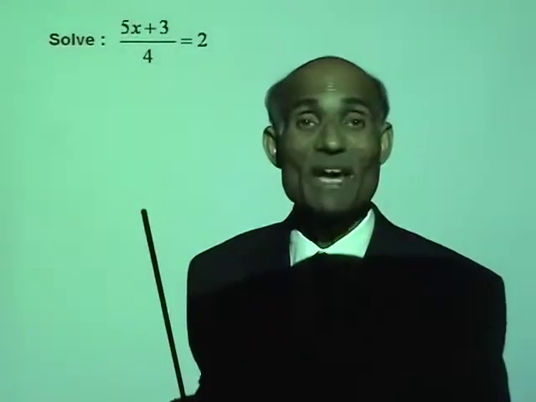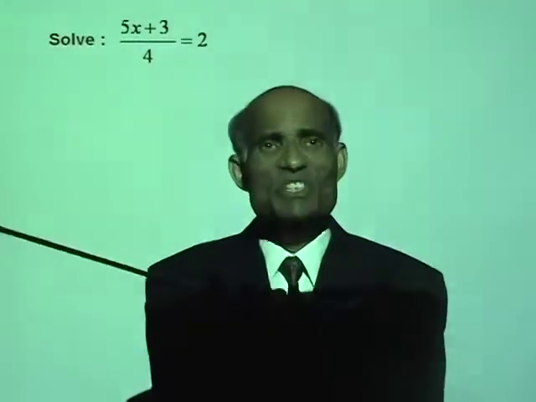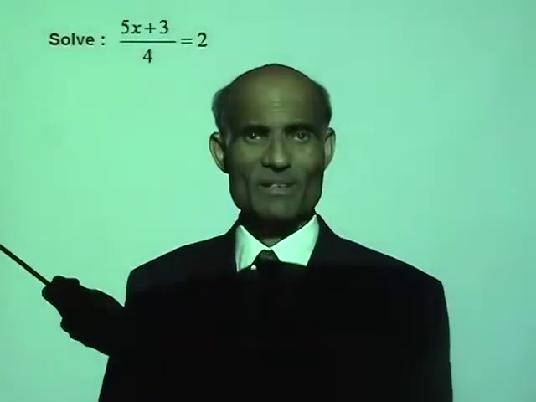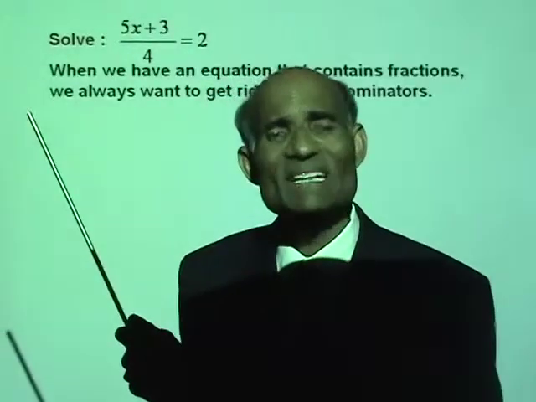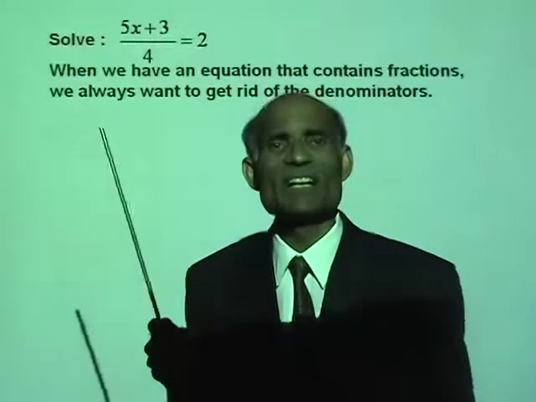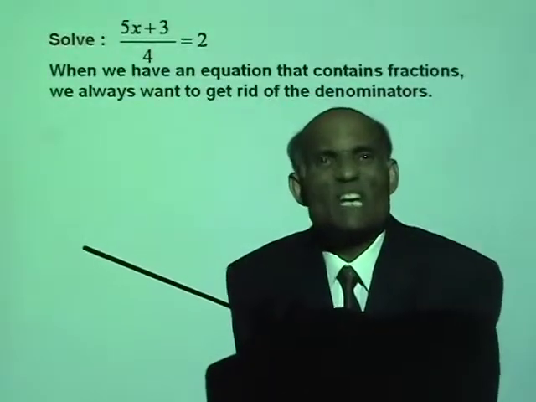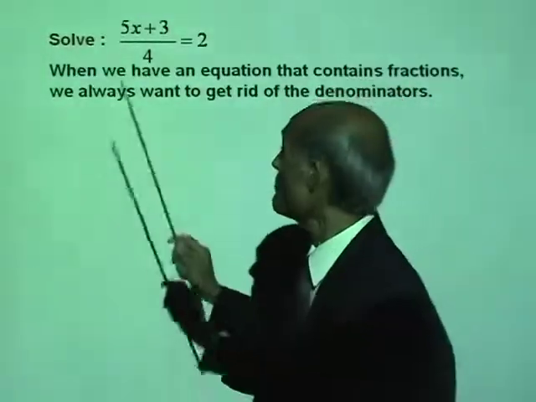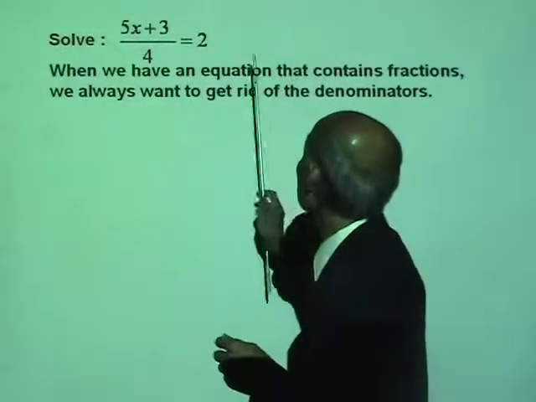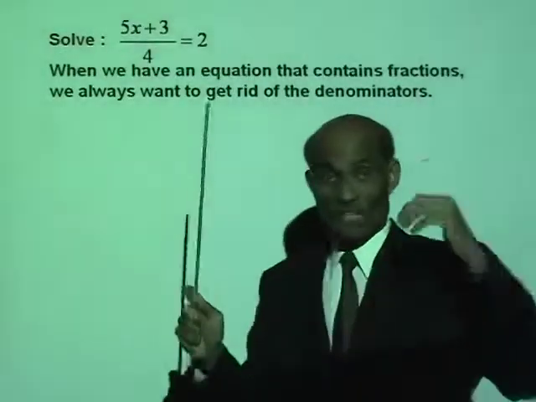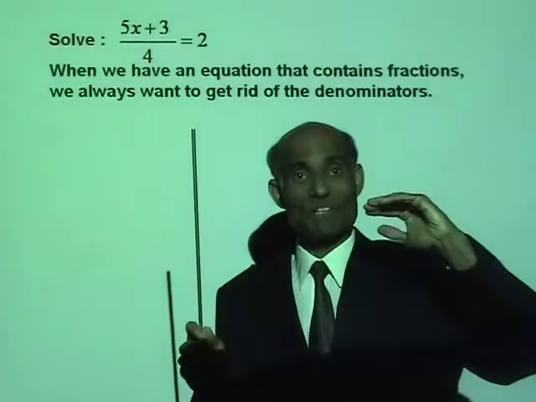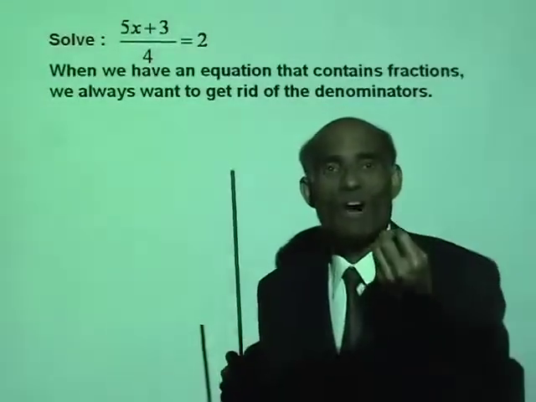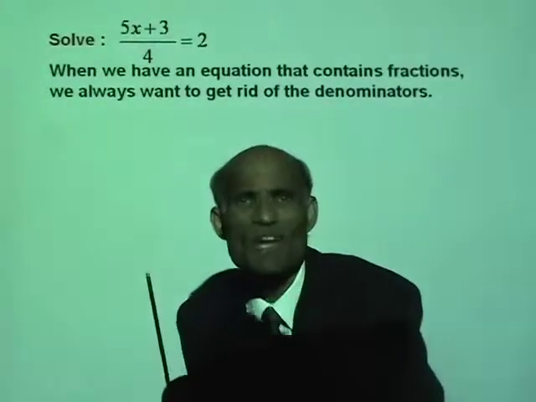Now here we have an equation that contains a denominator. You see, an equation that contains a denominator, the denominator is an inconvenience. So when we have an equation that contains fractions, that is numerator and denominator, we always want to get rid of the denominator.